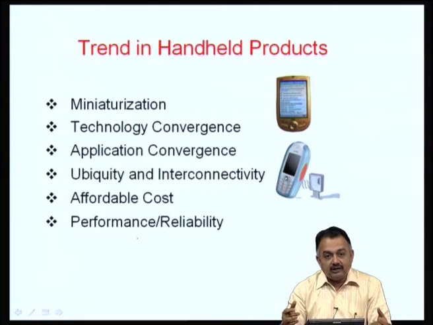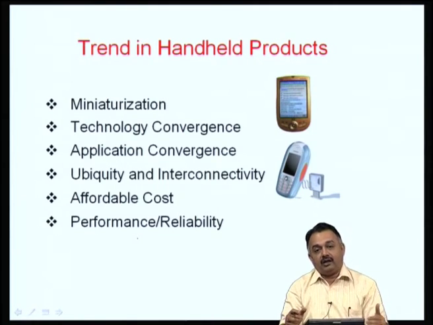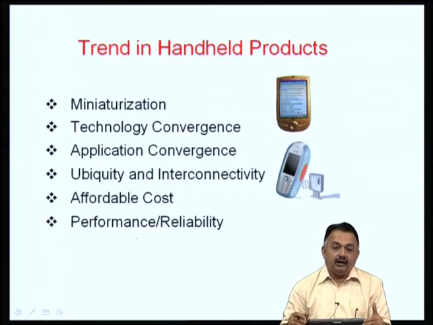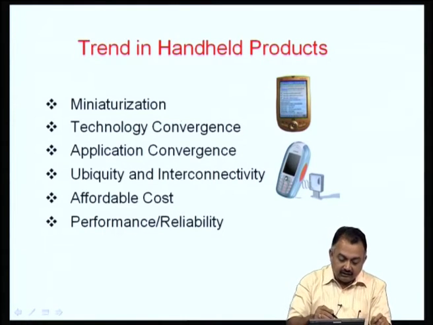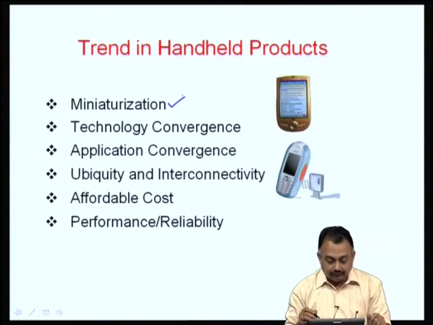So, you should design a system that is attractive both in terms of electrical performance and aesthetics, industrial design, mechanical aspects and so on. So, the first thing is the design engineers will be interested in miniaturization, right.